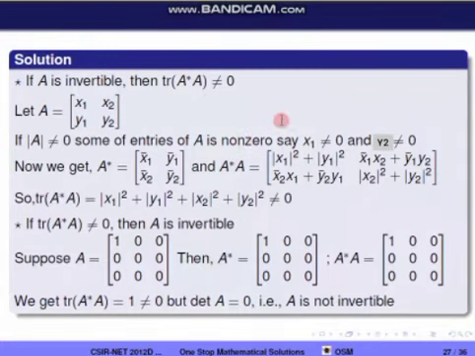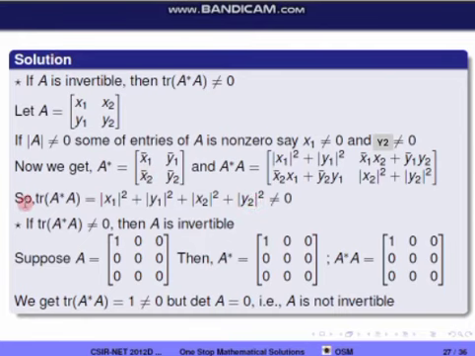So let me take x1 as non-zero and y2 as non-zero. We also get A star as this matrix and A star A is going to be this matrix. Trace of A star A means the sum of its diagonal elements, that is mod x1 square plus mod y1 square plus mod x2 square plus mod y2 square. Since I have taken x1 and y1 as non-zero, this is going to be non-zero. So option 1 is correct.